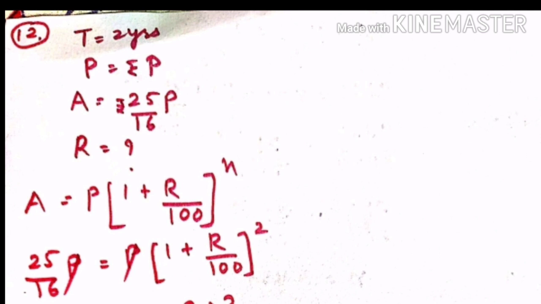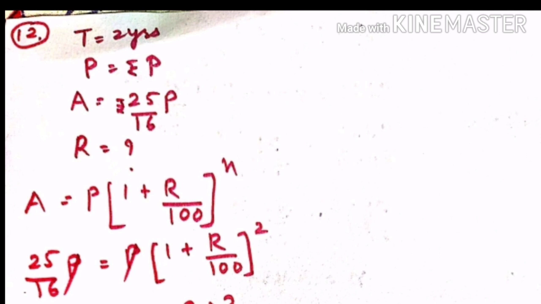So I write principal rupees P, amount is equal to 25 by 16 times of itself, means 25 by 16 P, and time is 2 years. So they ask to find the rate here. Determine the rate of interest per annum.